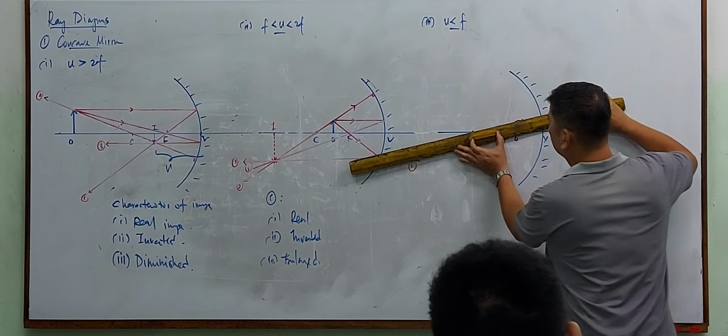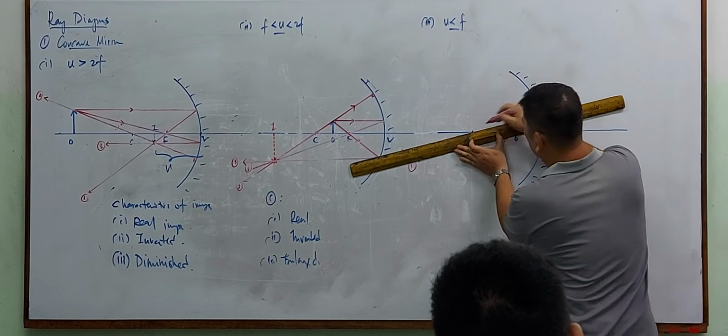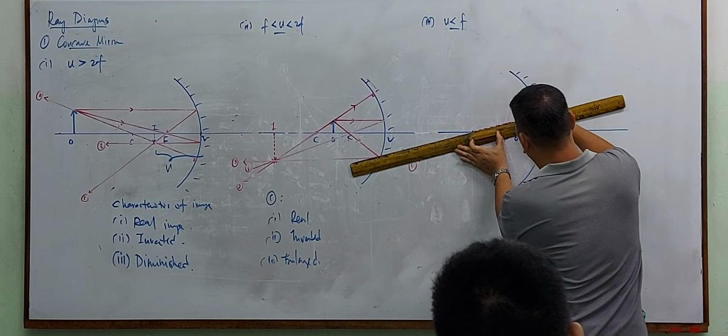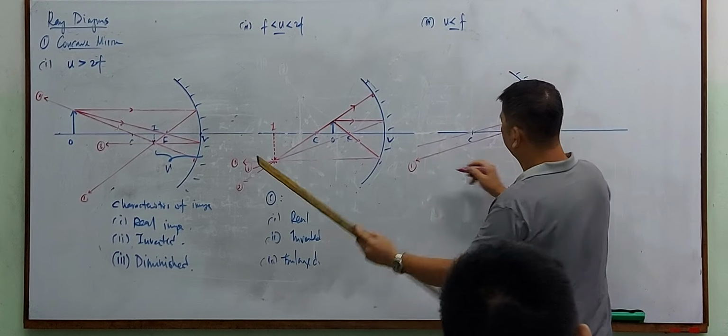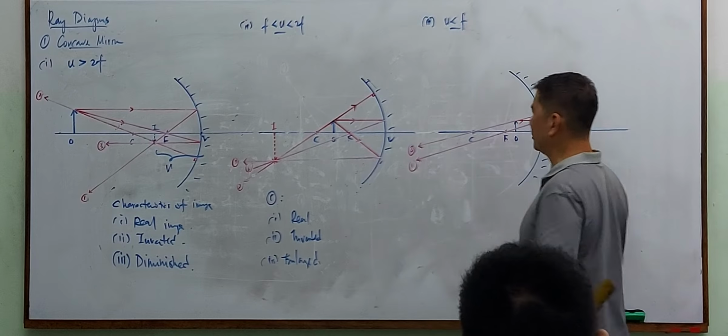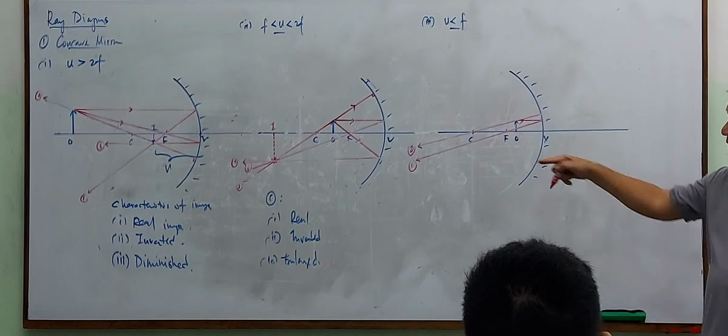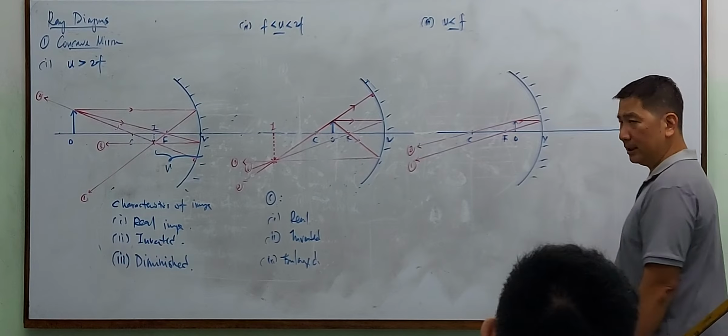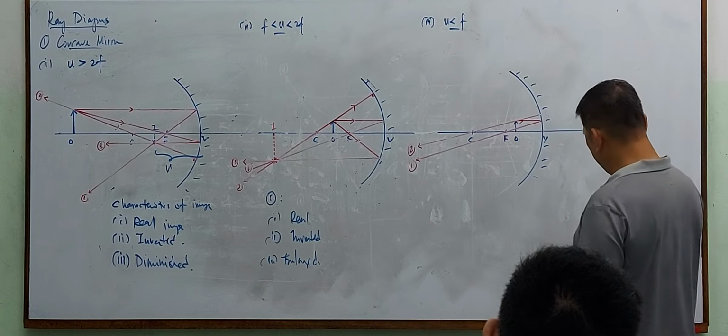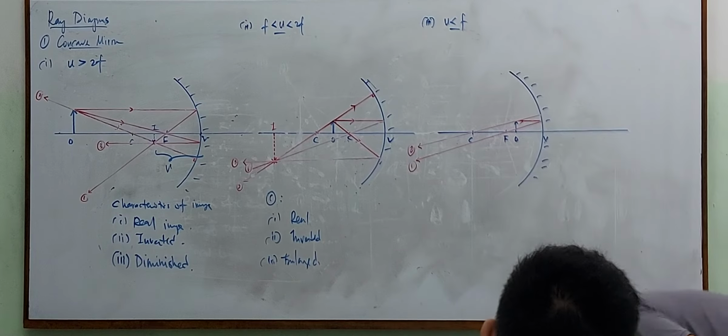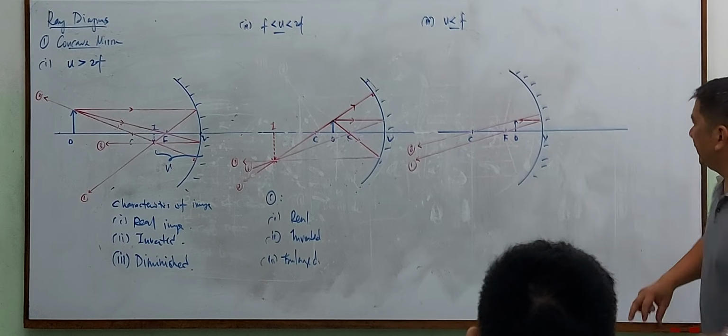Go to here. This one here. Okay. Light comes from here, hits the mirror, bounces back. Now we have a problem here because the light does not converge on the left hand side. Theoretically, it's more or less like the plane mirror condition.